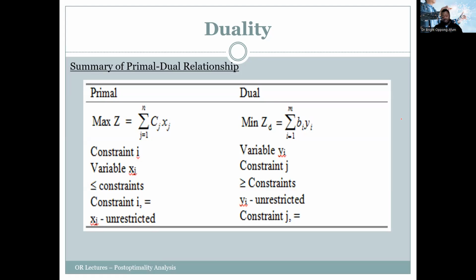The less than or equal to constraint becomes a greater than or equal to constraint. For constraint i, if it's an equality, the sign becomes unrestricted. And if it's unrestricted, it becomes an equality in the problem.